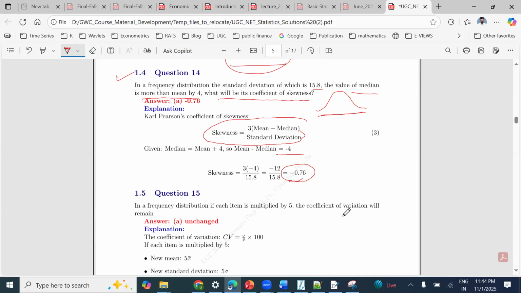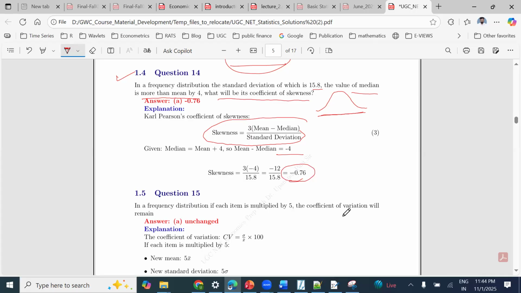Mean is greater than median, and median is greater than mode.